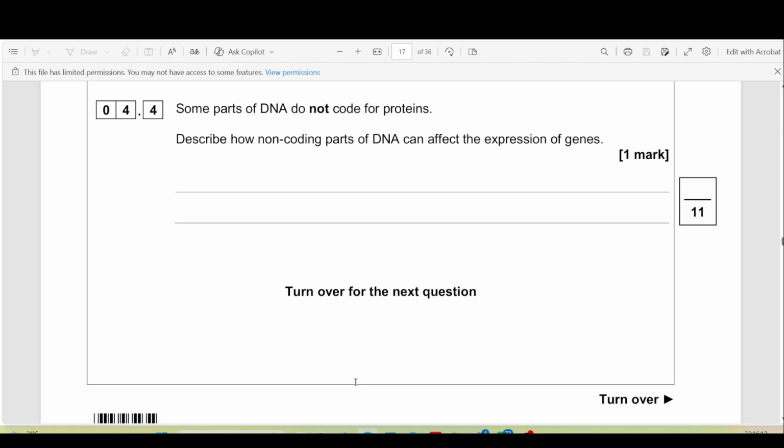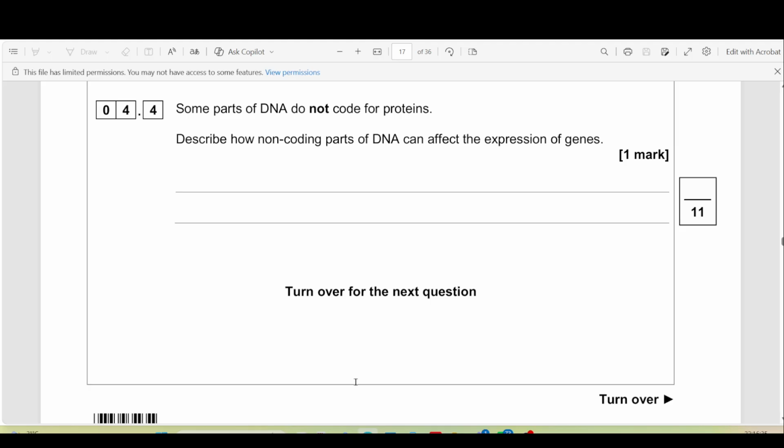Okay. Some parts of DNA do not code for protein. Some parts code, and we can see their effect in expression, but non-coding parts of DNA can switch genes, and that's how they can affect the expression of genes.